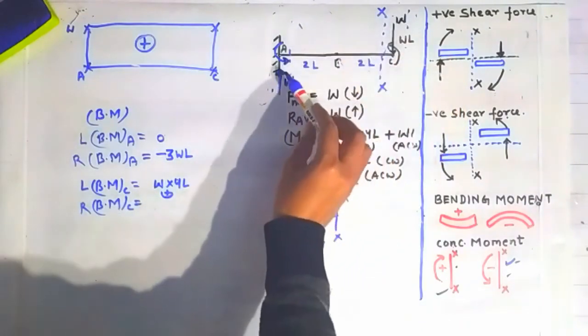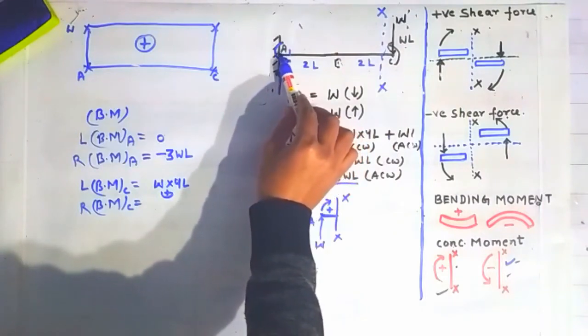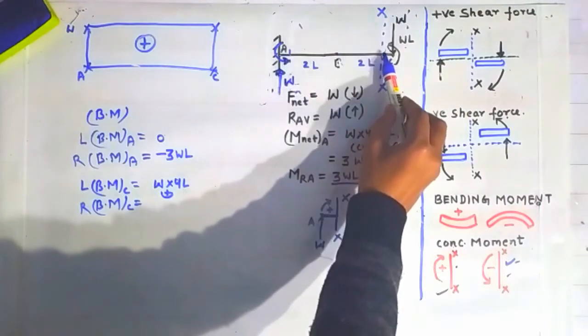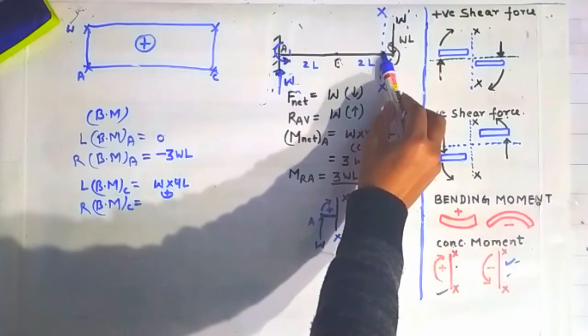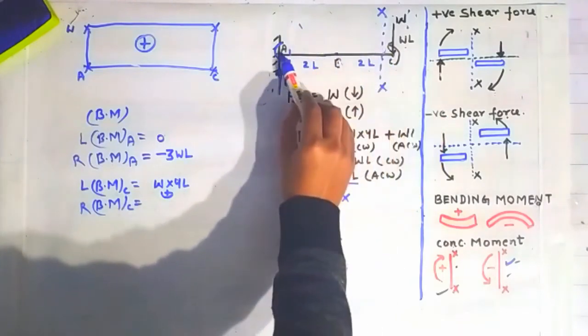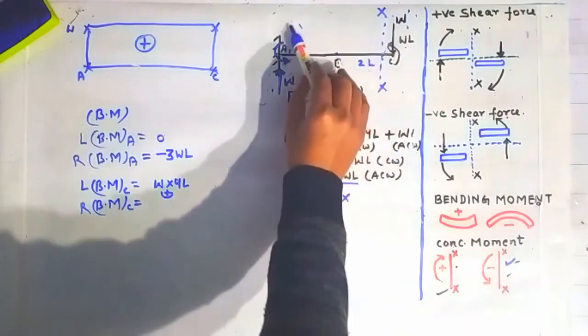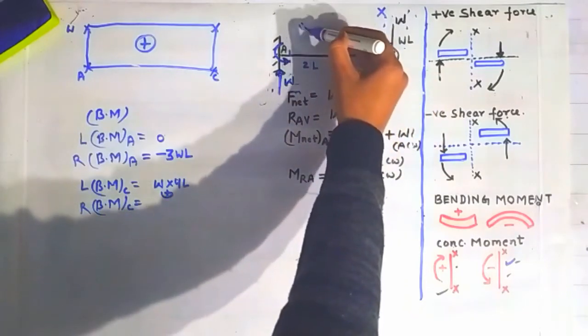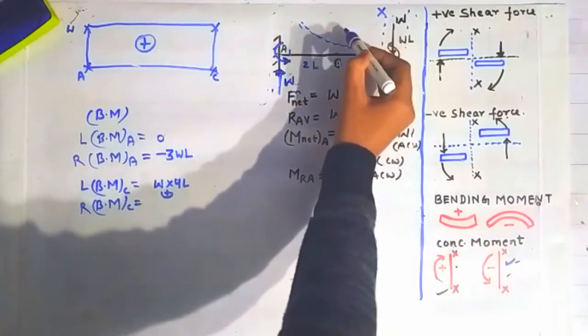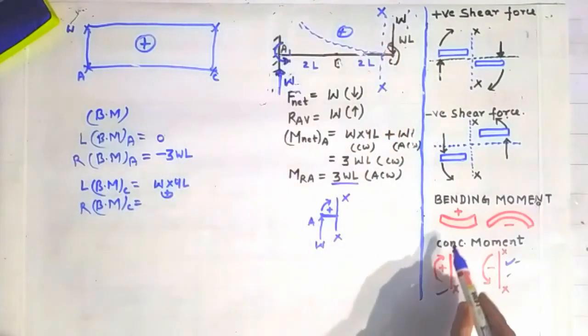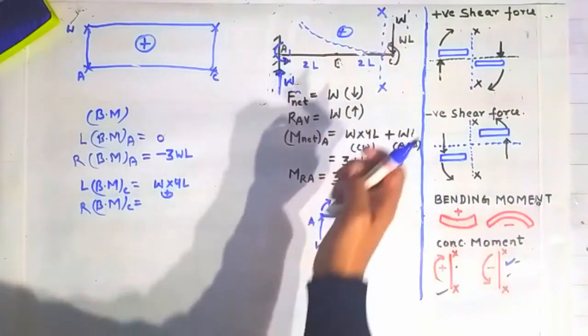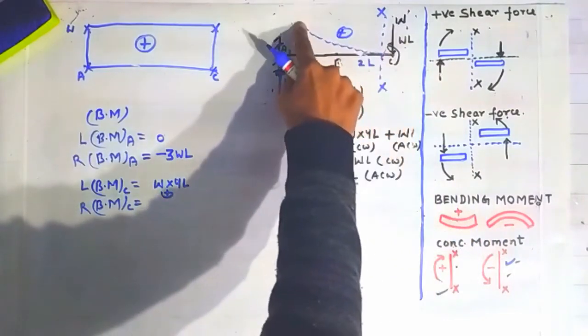That is, it is trying to bend this beam element in the concavity up direction, that is a sagging bending moment. That's why it is positive.